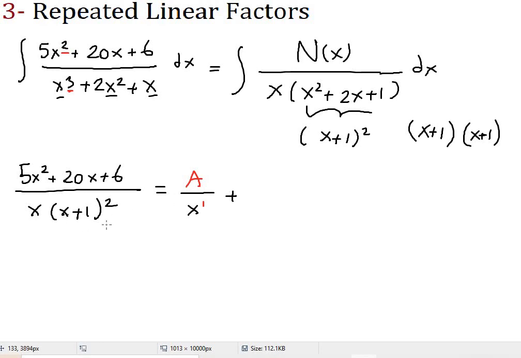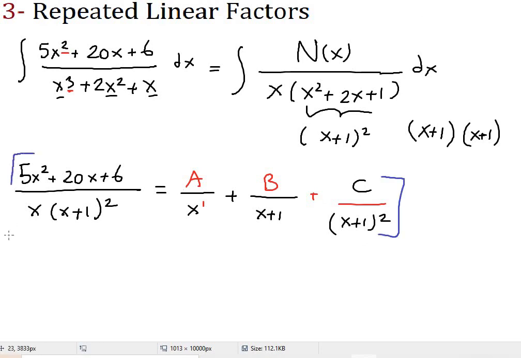Plus, this is repeated linear factors. So for the first repeated linear factor, we're going to use some constant b, and for the second, (x plus 1) to the second, we need to use some constant c. Now we're going to solve for a, b, and c, and then substitute this fraction with the right hand side.